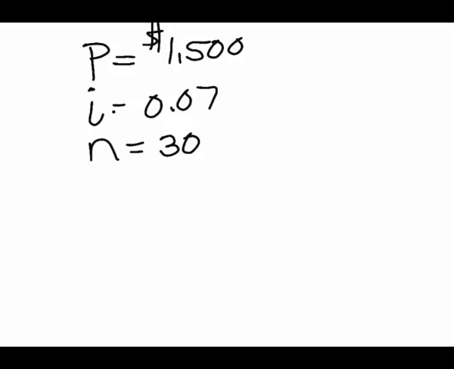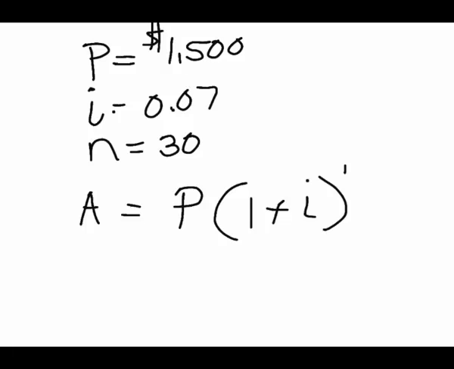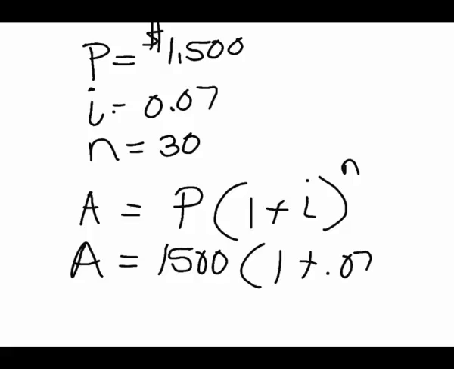We're going to use the formula A equals P, open up parentheses, 1 plus, instead of r over n, they're already giving us i, and they're giving us how many times it's been compounded. So then it's just a simple plug and chug. 1500, 1 plus 0.07 raised to the 30 power.